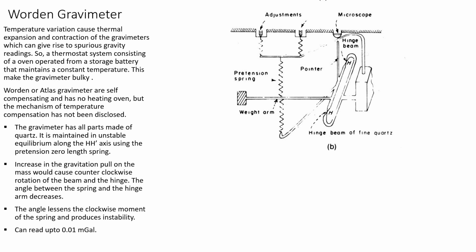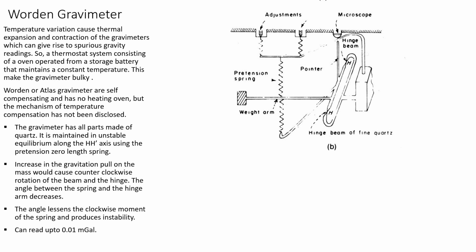between those two elements from which the torque or the turning moment is exerted from one point to another. For example, here the torque or the turning moment will be produced by the pre-tension spring on the hinge beam. But since the angle between the two has reduced, and the torque depends upon the angle, when the angle gets reduced, the turning moment also reduces, and so the equilibrium is not maintained.